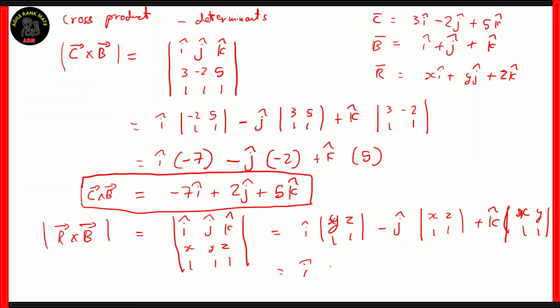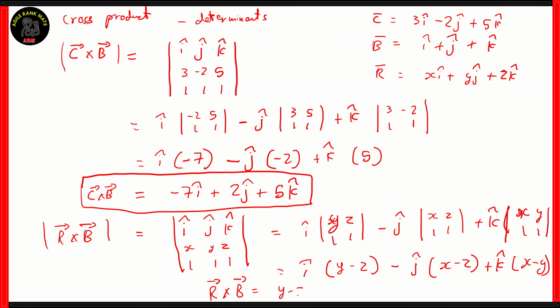So when you solve those determinants, these are determinants of order 2, you're going to get y minus z i cap, minus j cap times x minus z, plus k cap times x minus y. So the vector R cross B would be equal to y minus z i cap plus z minus x j cap plus x minus y k cap.